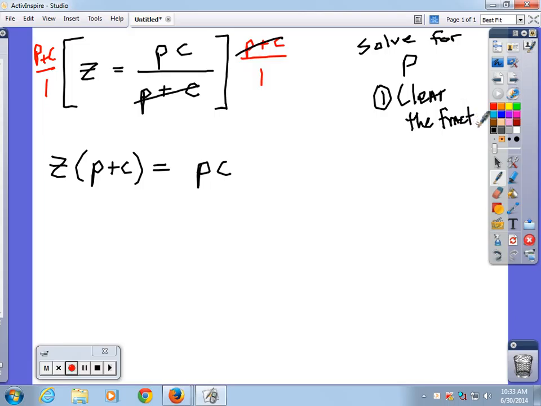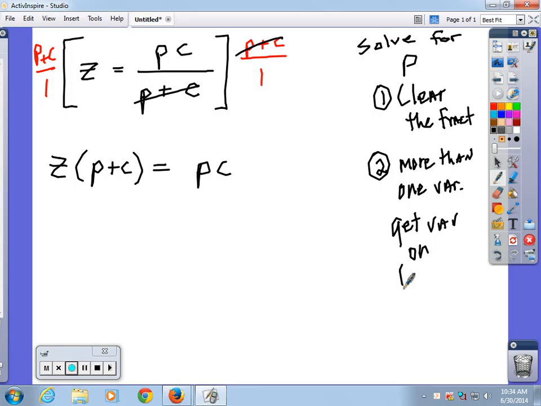The second rule you need to remember about solving formulas is if there is more than one of the variable that you're solving for, get the variable on one side.